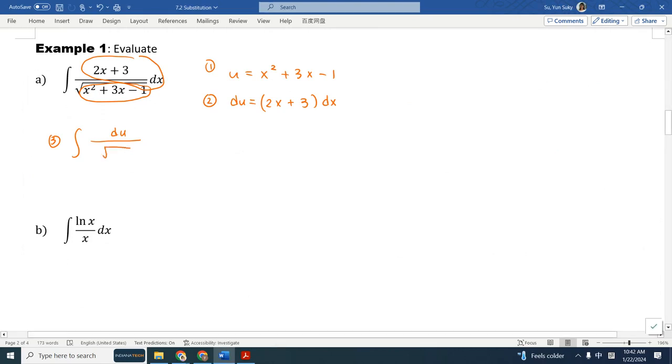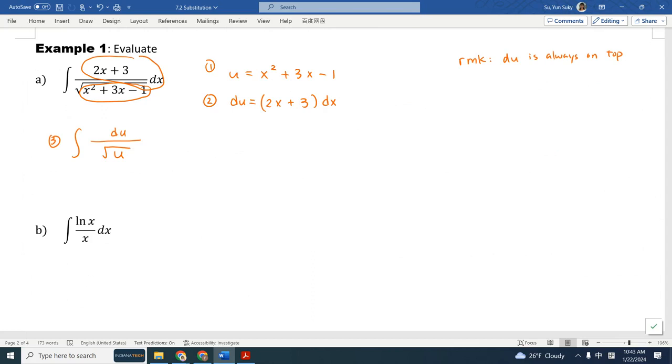Square root of u. Right? Okay. So here, keep in mind, du is always on top. It's always in the numerator. It's never in the denominator. Okay, so yeah, be careful.